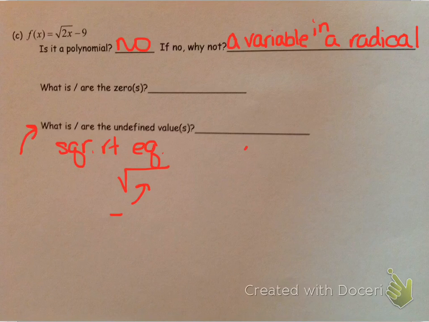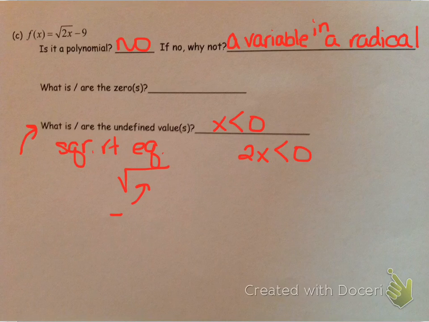So take what's inside of the square root, which is just the 2x, and figure out where it's less than 0. And so this time around, your undefined values are an entire interval. Every x value less than 0 would make the number inside the square root less than 0, and so you would have imaginary answers. So that's what makes it undefined.